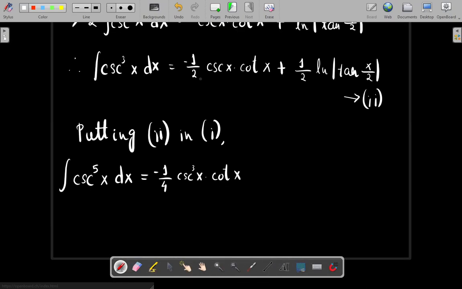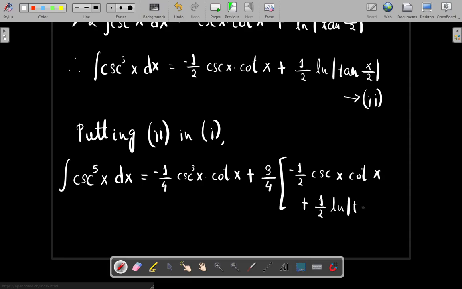So basically 3 by 4 times this entire RHS of equation 2. Okay, plus 3 by 4 times this entire value, which is minus half cosec x cot x plus half times ln mod tan x by 2.